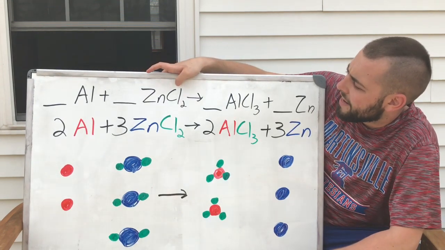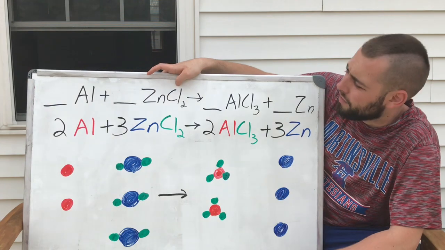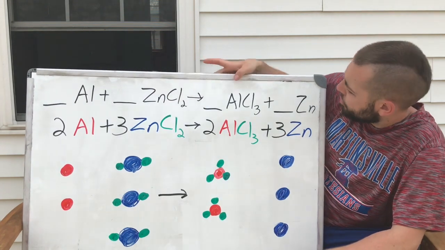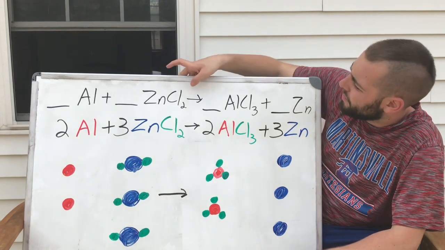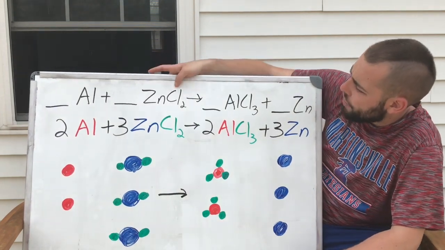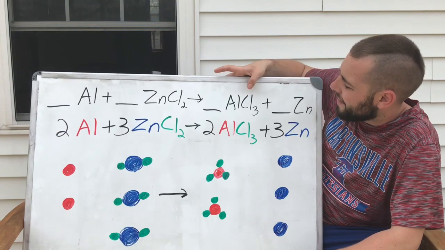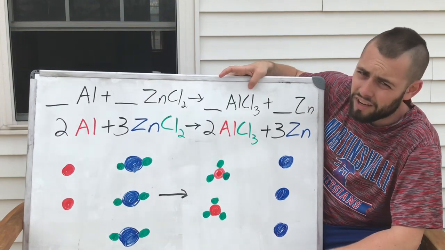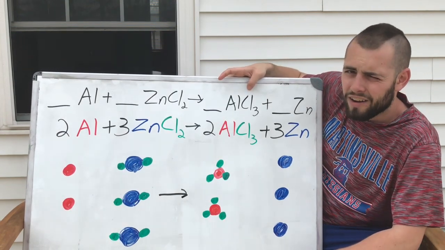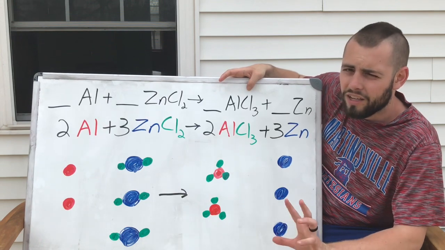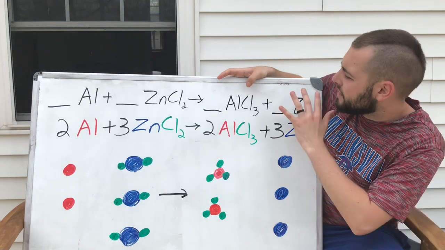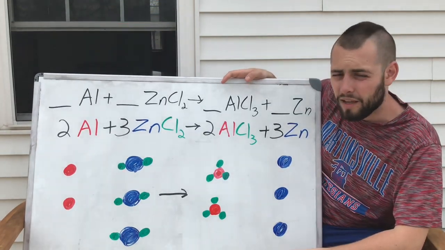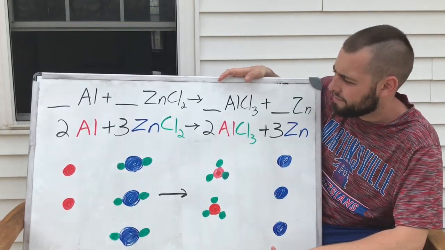On the reactant side, I have two atoms of chlorine. But on the product side, I've got three atoms of chlorine. So according to this top reaction, I made another atom of chlorine. But I can't make matter. I can't destroy matter either. I can only change the way that it's bonded. So this top reaction is unbalanced. It breaks the law of conservation of mass.